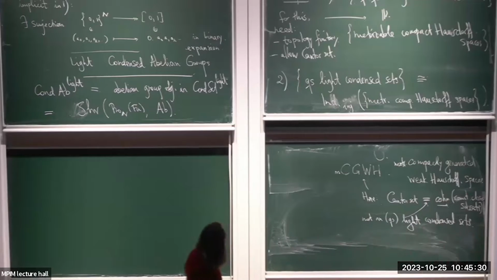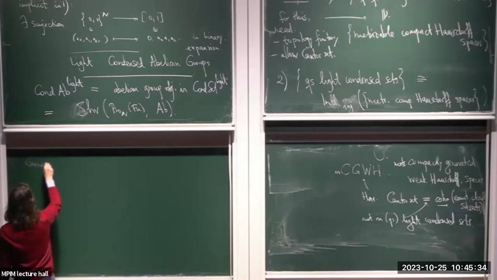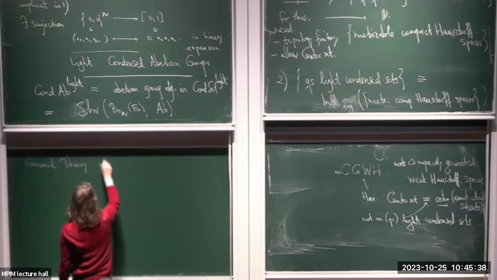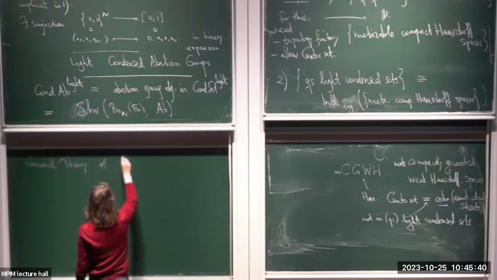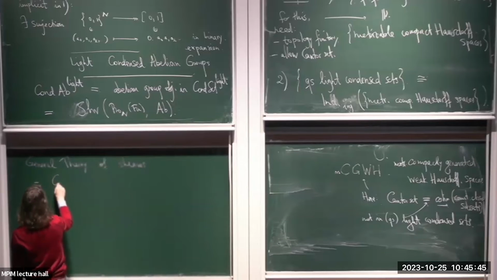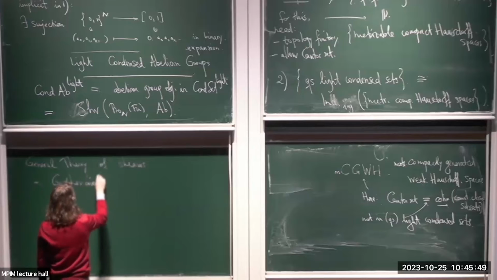And I mean, just from the general theory of sheaves of topoi, we know that this is an abelian category, in fact, a Grothendieck abelian category, so filtered colimits are exact.